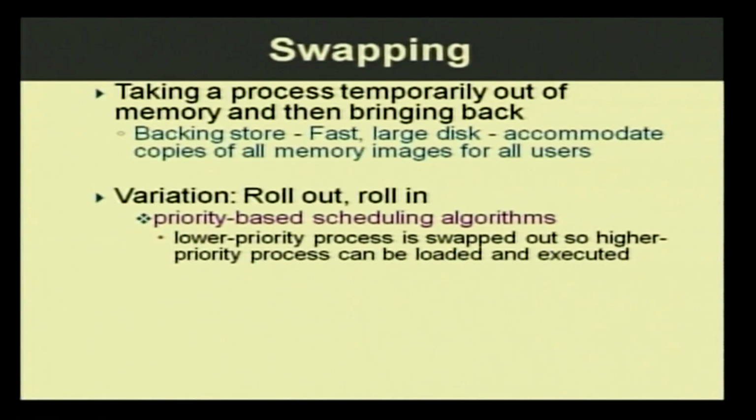Suppose a lower priority process is in execution, and an interrupt is generated due to the entry of a higher priority process, and the higher priority process now demands the memory area for its execution.